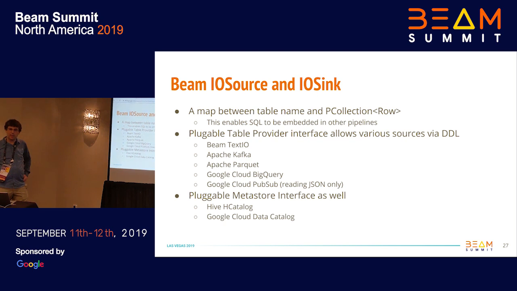It's pretty straightforward to actually write one of these. All you have to do is write a wrapper around your I/O that, given a table name, can create the I/O. You have the ability to extend with a couple common things, like the location of your underlying data source. You get a string that you can pass in.